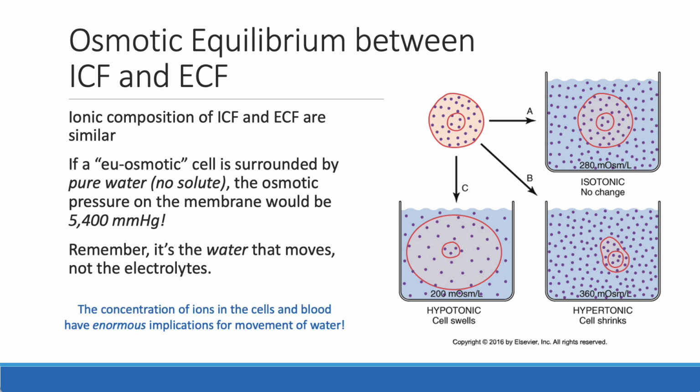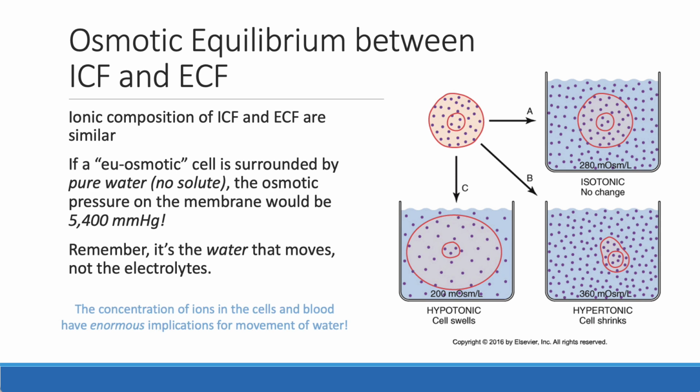All right. And that makes the cells get really big and swollen. And then there's hypertonic fluid where there's more solute in the fluid and less inside the cell. So what happens here is that the cell donates fluid to the outside world, the extracellular fluid, trying to dilute the extracellular fluid and bring it to homeostasis.